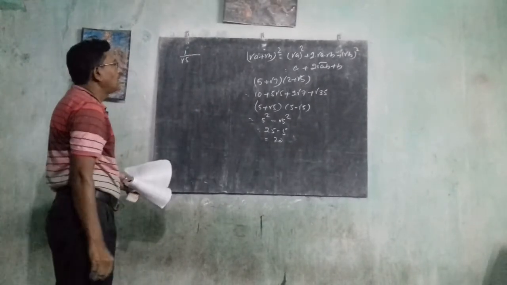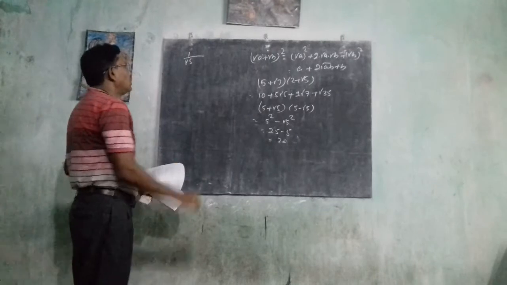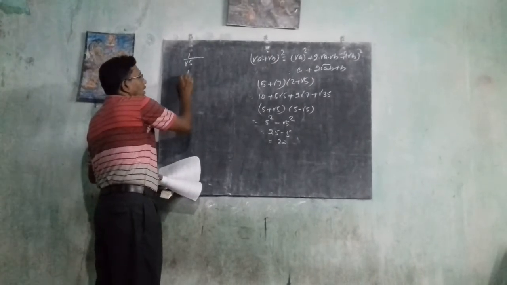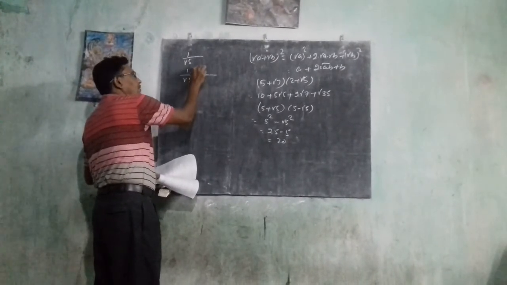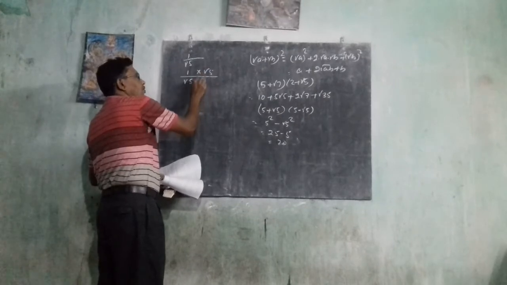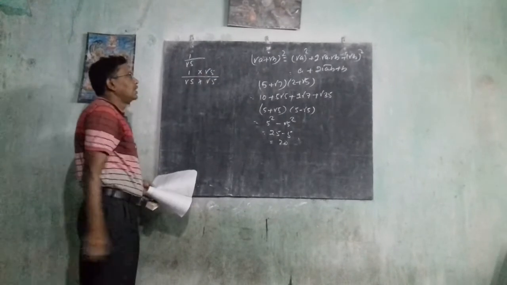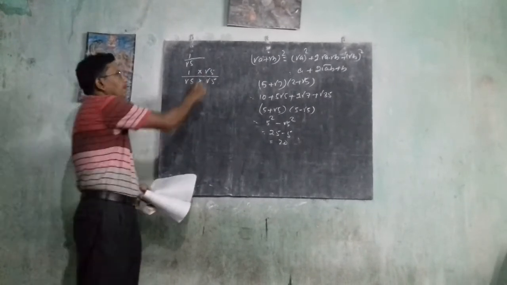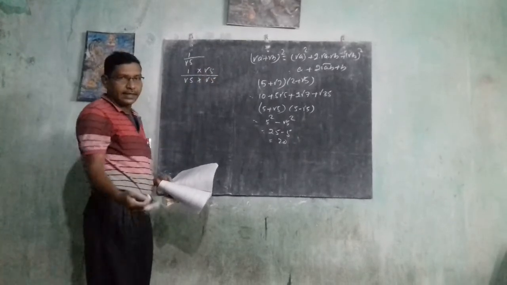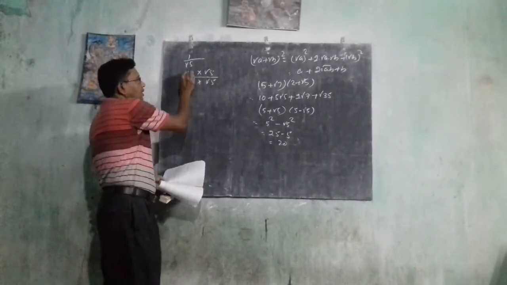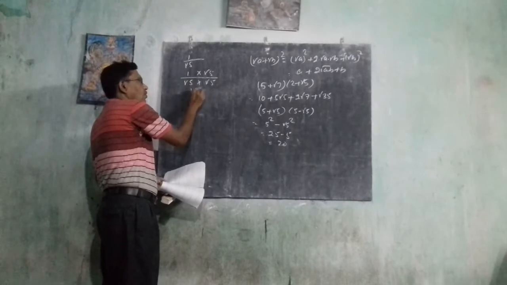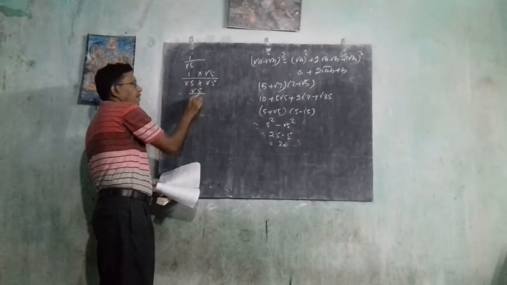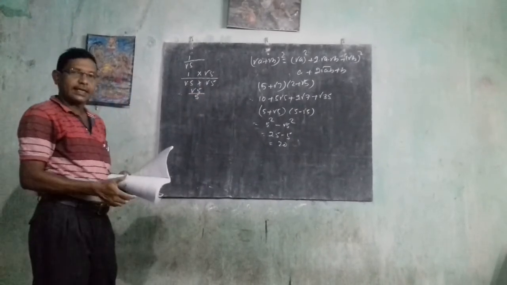The denominator root 5 is an irrational number. So how can we convert it? We multiply root 5 by root 5 in both numerator and denominator. Root 5 by root 5 means 1, so nothing is changed. Multiplying, root 5 times 1 is root 5, and root 5 into root 5 is 5. So now the denominator becomes a rational number.